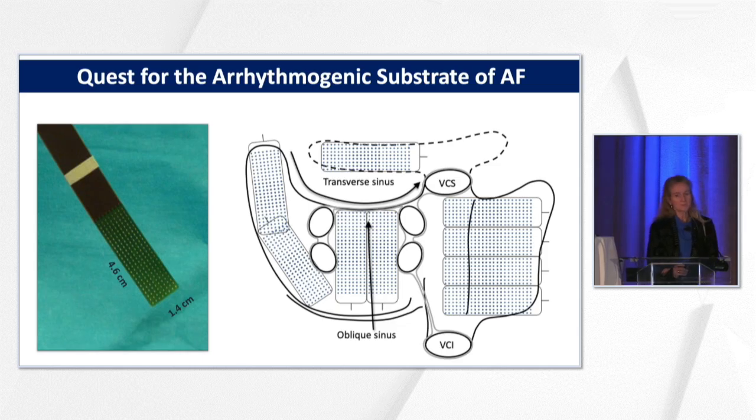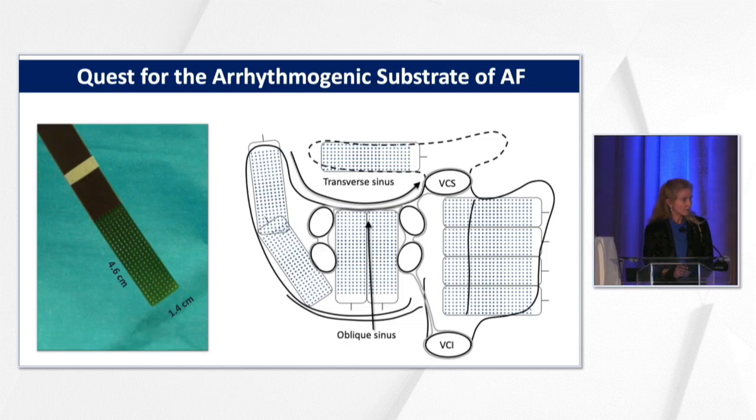So, based on these observations, we realized that the substrate of atrial fibrillation was far from understood. So we initiated the QUASAR project, which is the quest for the arrhythmogenic substrate of AF, and that is what you see here. In all the patients who undergo cardiac surgery in our hospital, whether you are in sinus rhythm or whether you have AF or whatever underlying disease you have, if a patient wants to participate, they undergo complete epicardial mapping according to this scheme.